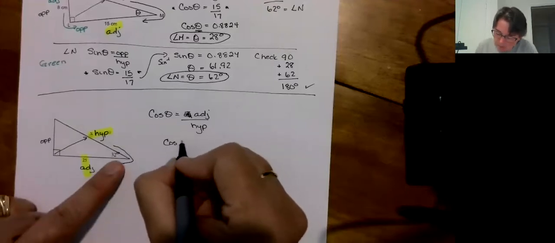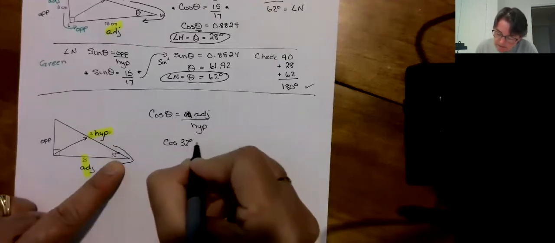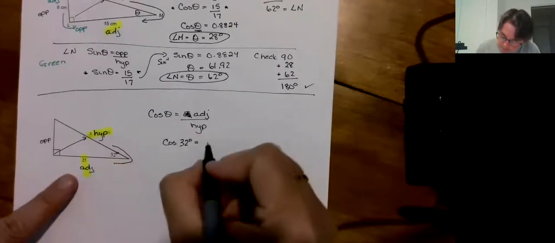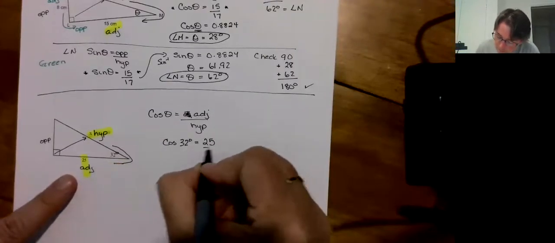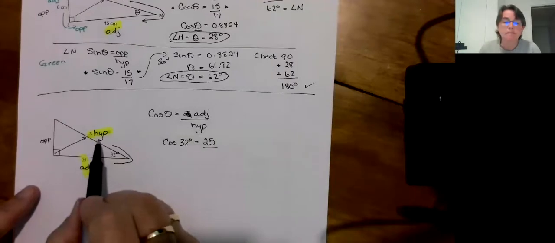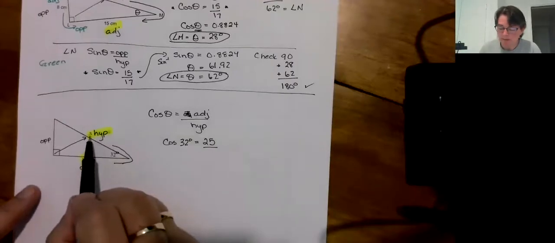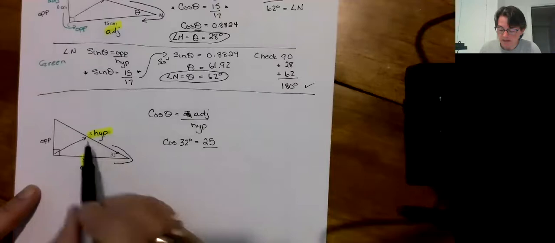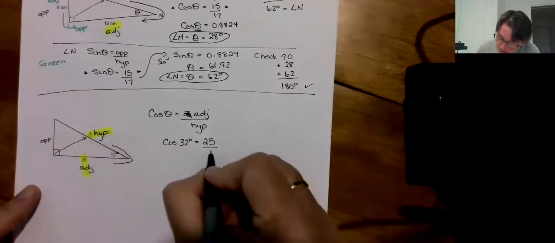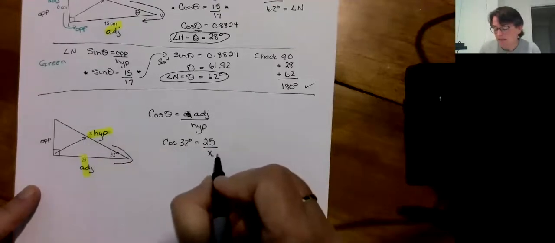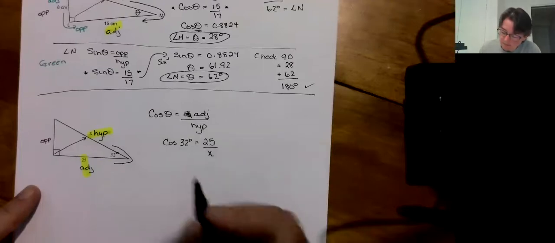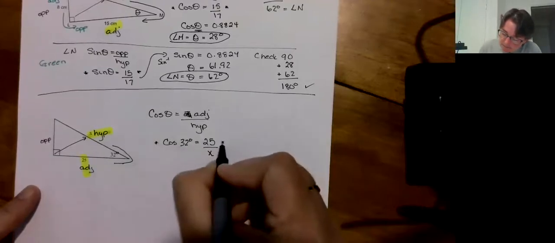Cosine, okay, I have my angle, which is 32 degrees, my adjacent side, which is 25, over my hypotenuse. Now, I could put hypotenuse, or I could put x. Either one is fine. I think I'll put x because then it looks like my question. And if you want to just leave height down there, that's cool. This is my check step.